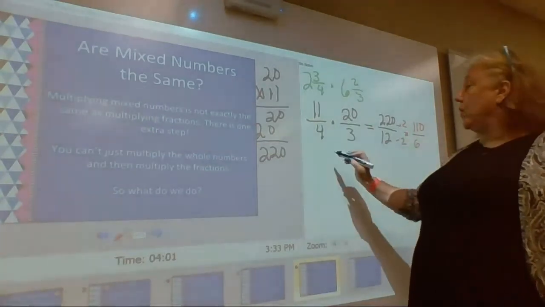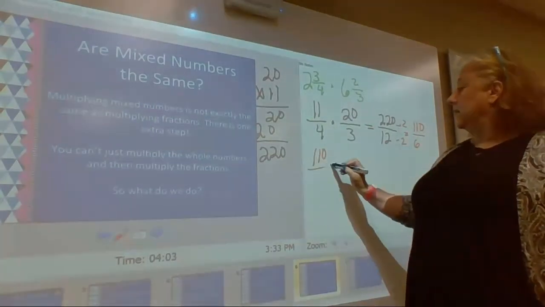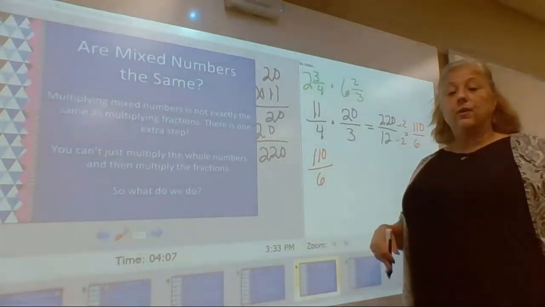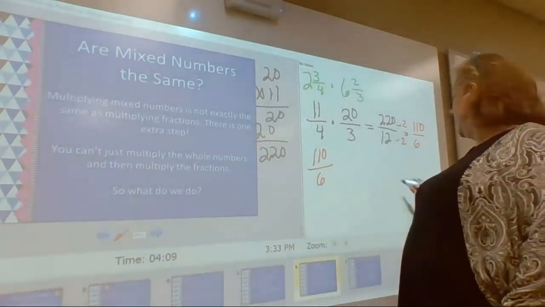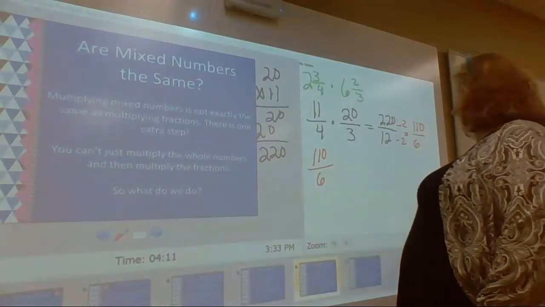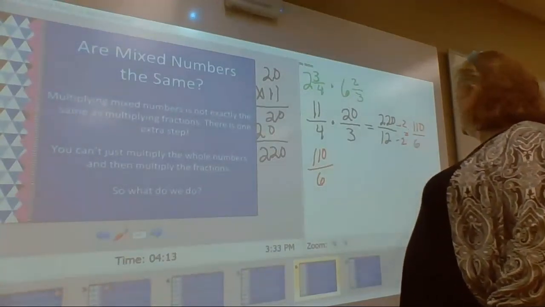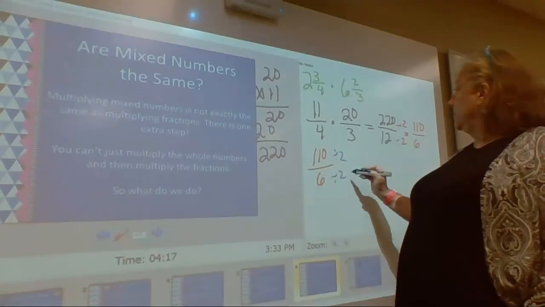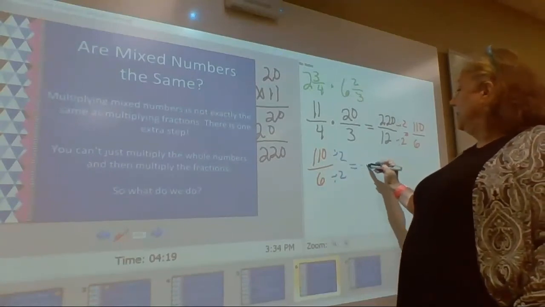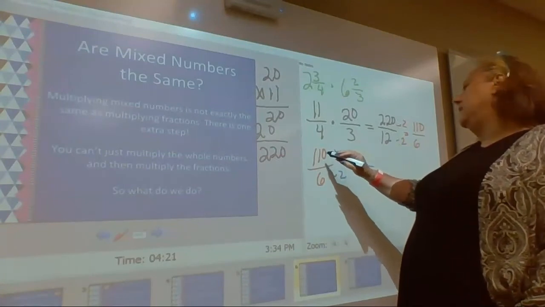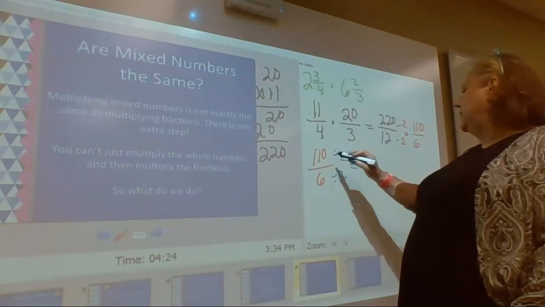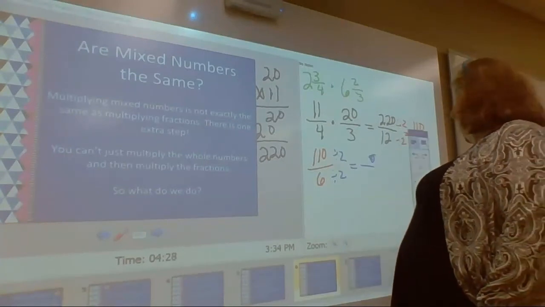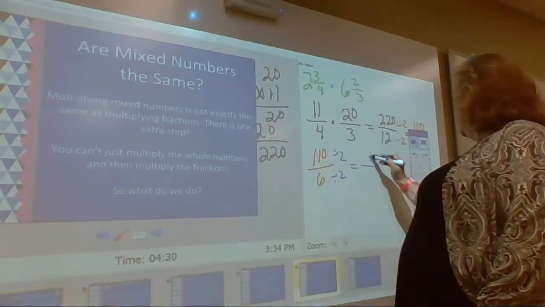Well, we are still working with even numbers, so I can divide both of these by 2. I'm going to do a different color just so that you can see this. Let me work this out quickly.